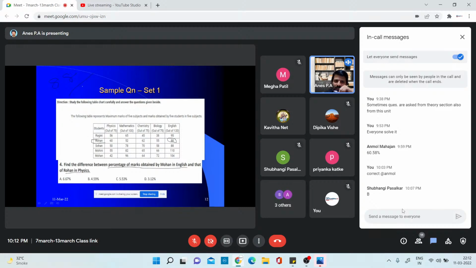What is the 120? Total mark. 120 into... tell me. Mohan in English. Mohan, sorry. I have one issue regarding this. Yes, this is Mohan's mark. Yes, that's my issue.